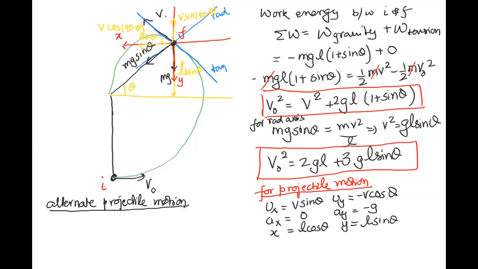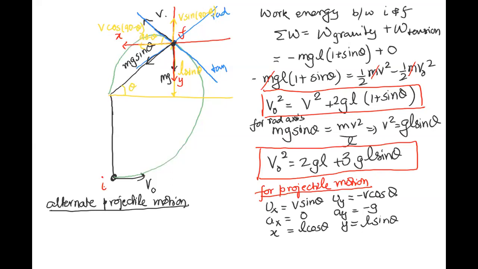Okay, so now I can put this in the equation of trajectory. That is something I can do. I can figure out the x coordinate and the y coordinates separately and then eliminate time.